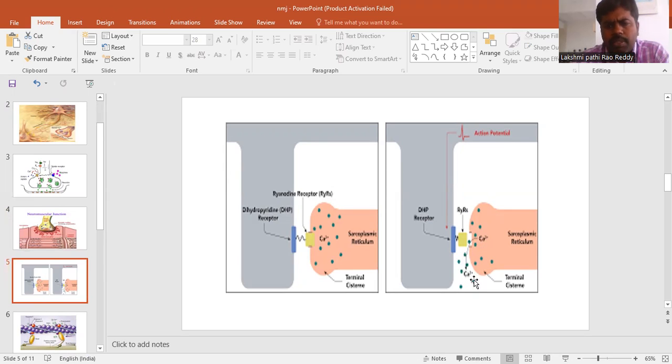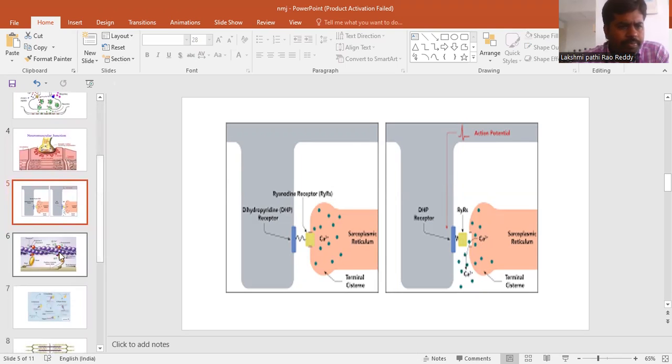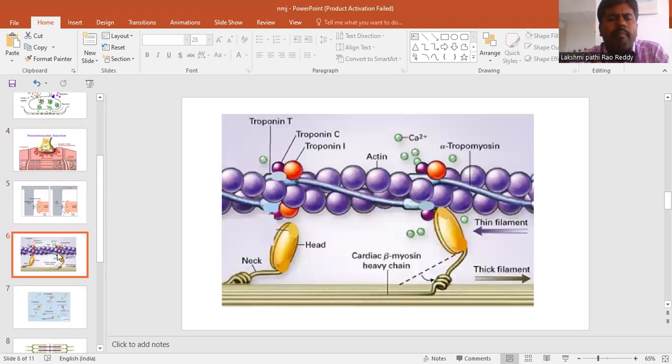So once the calcium is released abundantly, then what happens? The contractile proteins are troponin, tropomyosin, actin filaments, myosin filaments, like that.